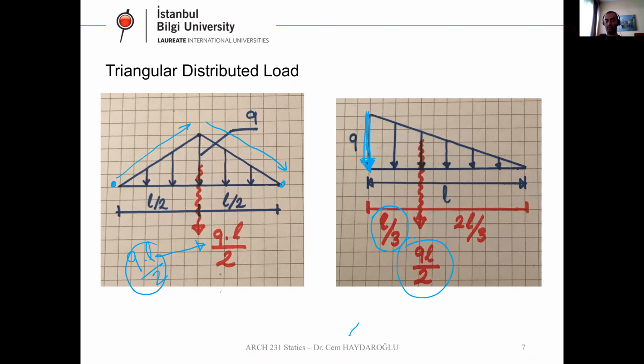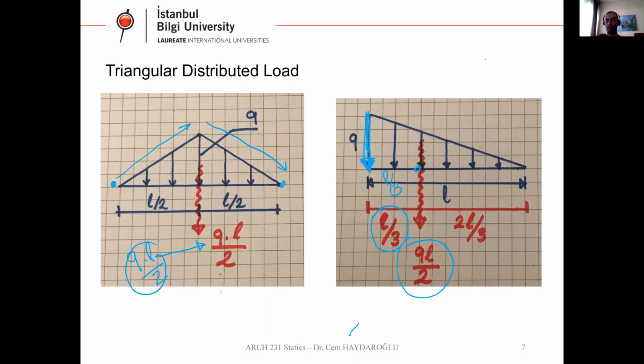The location is 1/3 of the length. This is L over 3. That means L over 3 away from the highest loading.